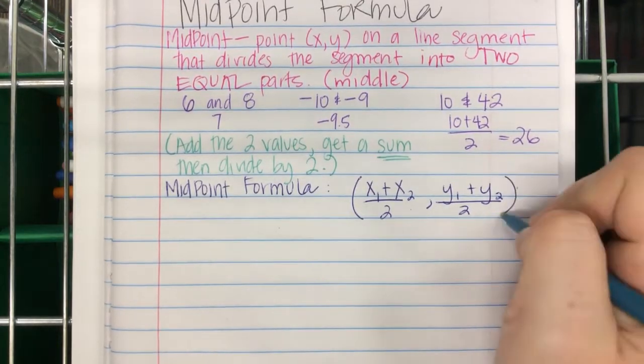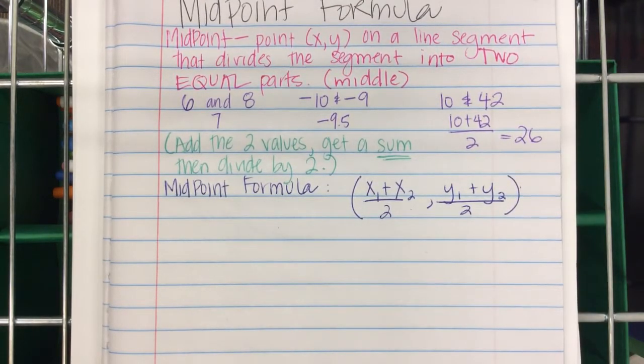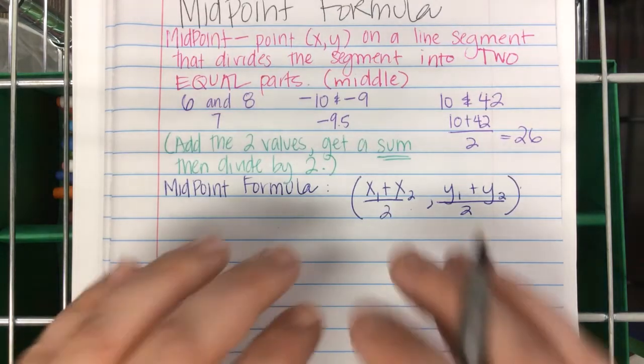Now, here's the problem. The midpoint formula asks you to add the two values. Our last lesson on slope asks you to subtract. Now we get into the problem of people getting confused. Midpoint is the average.